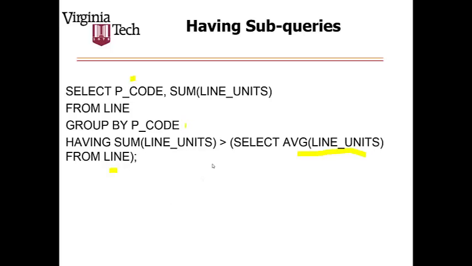So show me the products and the number of units sold for all products that sell more than the average number of products. The thing we're looking at here is this having clause. And what you see is it is a conditional restriction on the results of the group by clause.